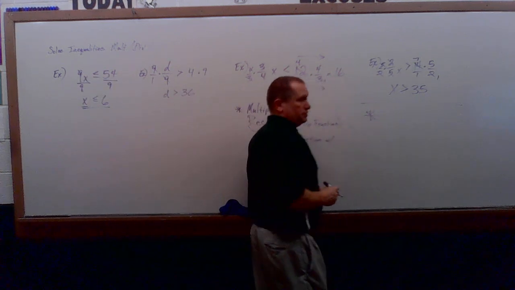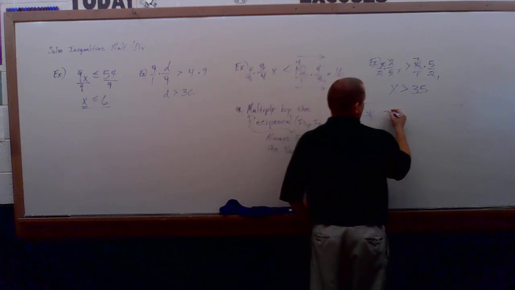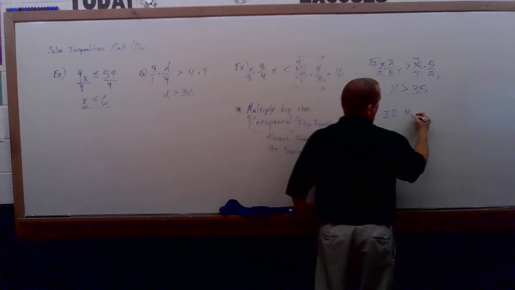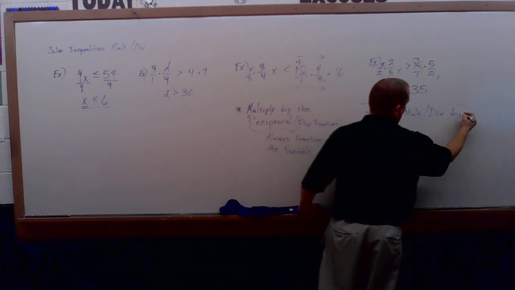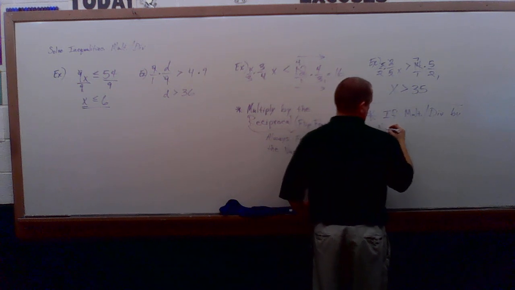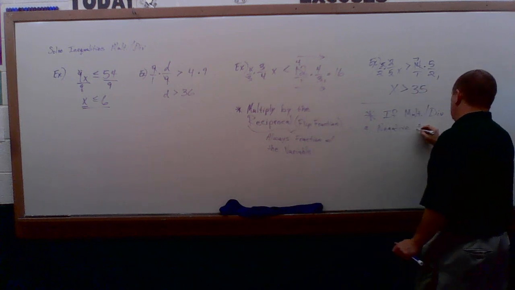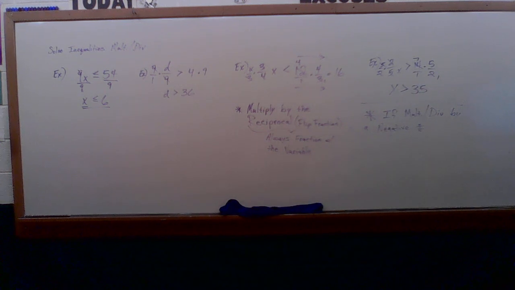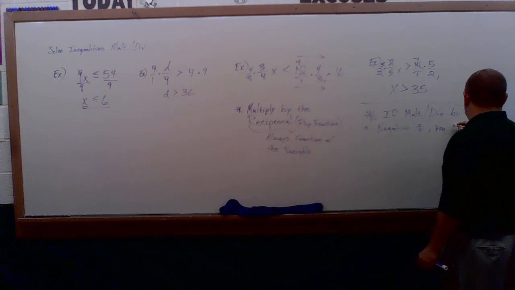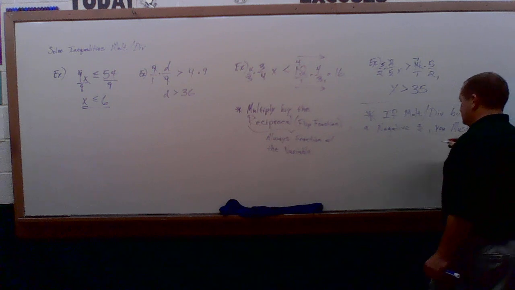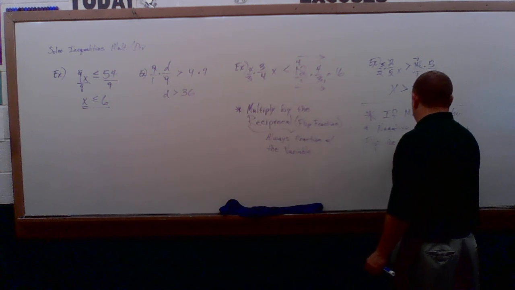Alright, now, biggest thing. Big star here. This is the biggest difference from yesterday to today. If you multiply or divide by a negative number, we'll show this in examples, you must flip the inequality sign.